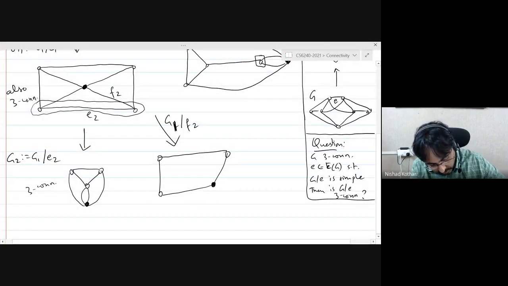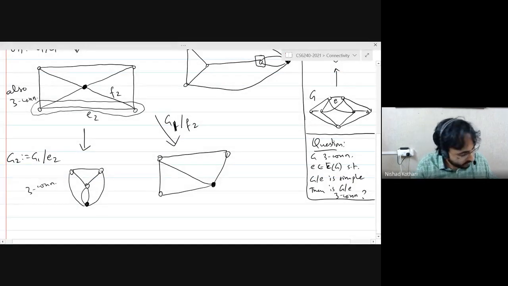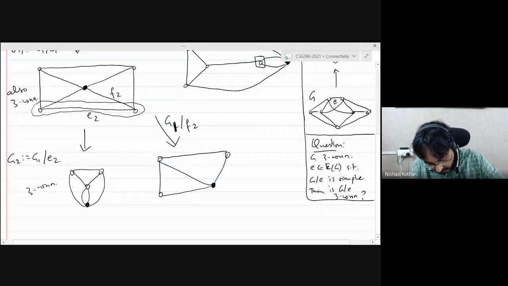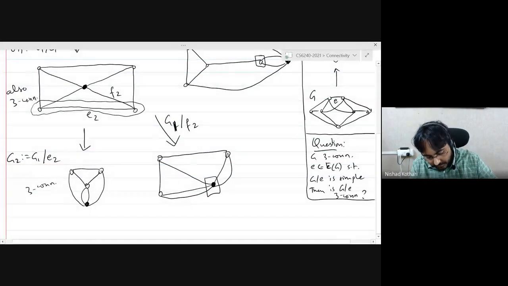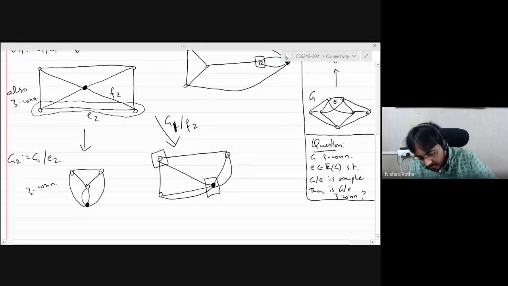And one edge goes this way. Oh, I see. There are two edges on both sides. So these are parallel edges. Okay. And notice that this is again not three connected. You can delete these two vertices and the graph is disconnected.